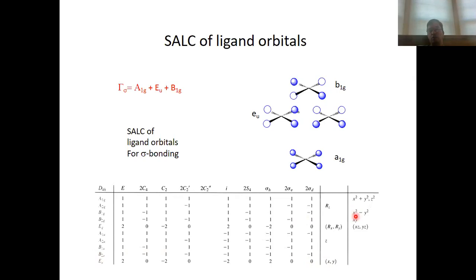And the symmetry of the d orbitals would be B1g for the dx2-y2, B2g for the dxy, Eg for the dxz and the dyz, and A1g for the dz2, because z squared appears here.